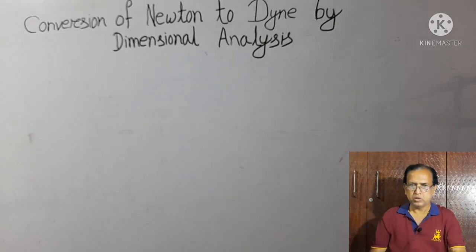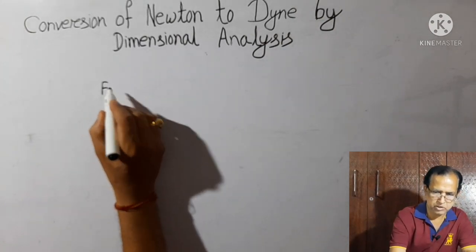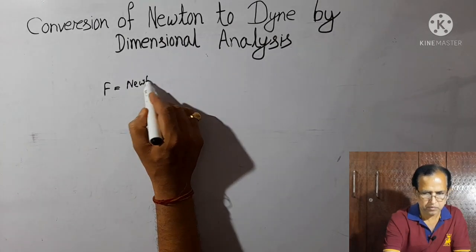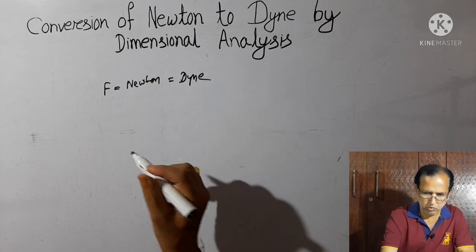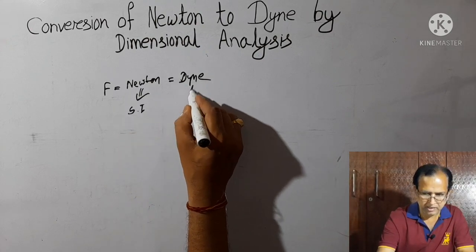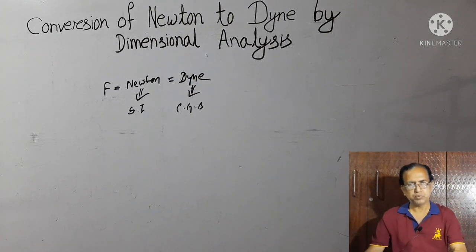Welcome to you all. Today's topic is conversion of Newton to Dyne by dimensional analysis. Newton and Dyne both are the unit of force. Newton is the SI unit, Dyne is the CGS system of unit.